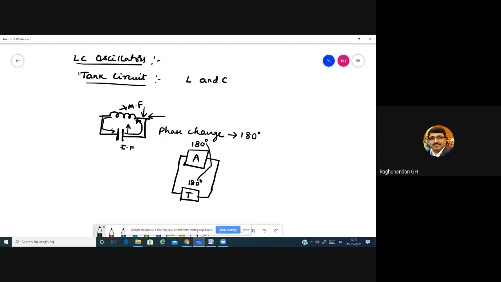Totally, this comes to 360 degrees. When it gives out 360 degrees, it satisfies the Barkhausen criterion. So when it satisfies the Barkhausen criterion, we will be able to get sustained oscillations.